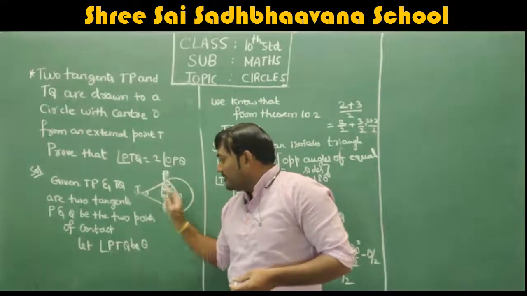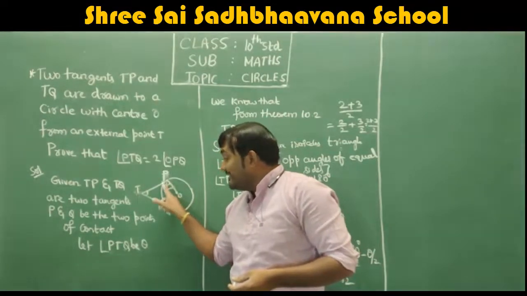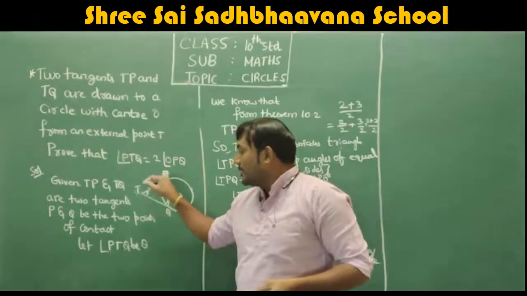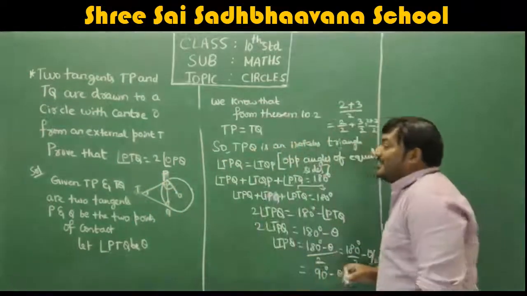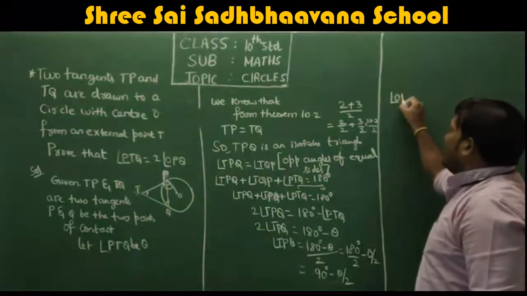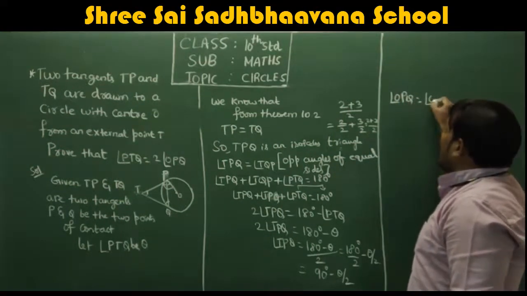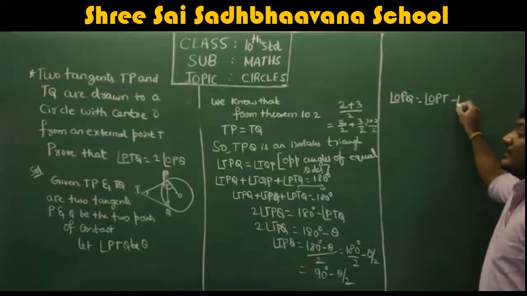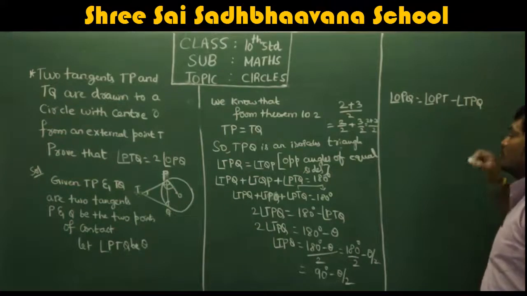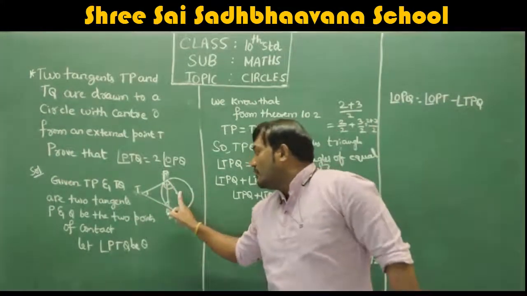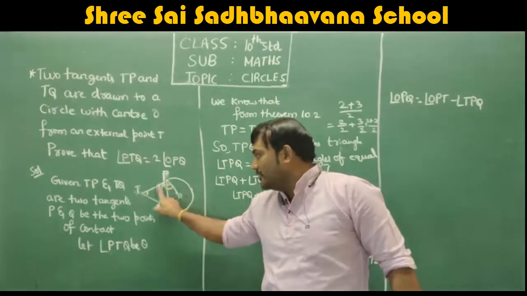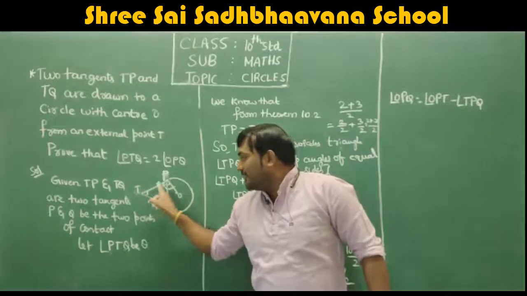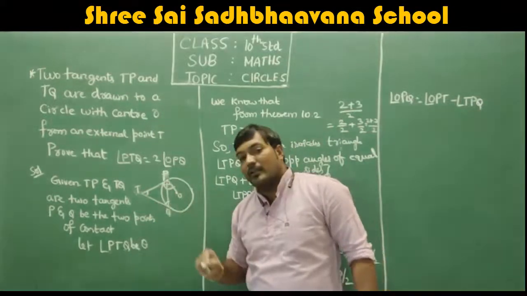And from this full angle, if I subtract this angle, you will get this angle, correct? So what I am doing in triangle OPT, we need OPQ. So angle OPQ is equal to angle OPT minus angle TPQ. It means, from this full angle OPT, if I subtract this angle, you will get this angle.